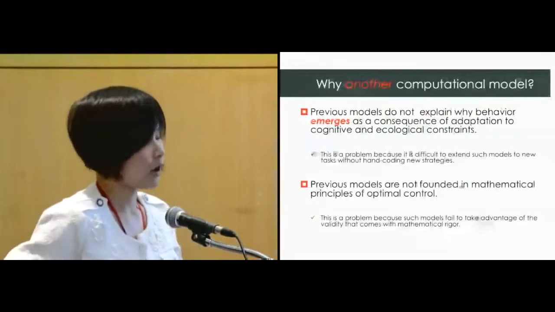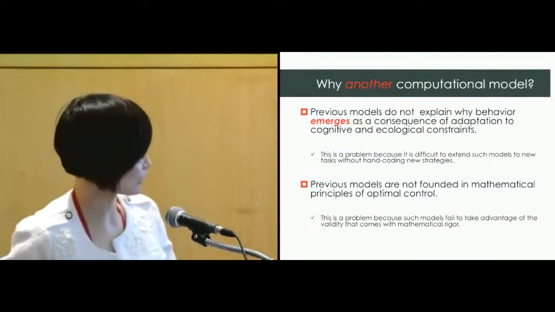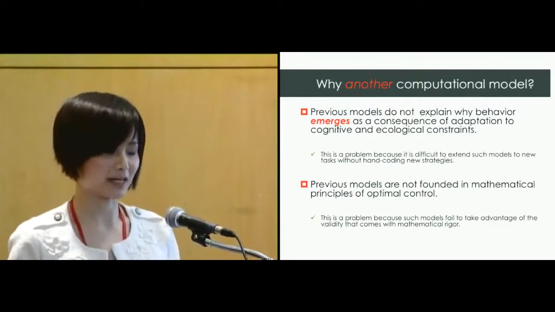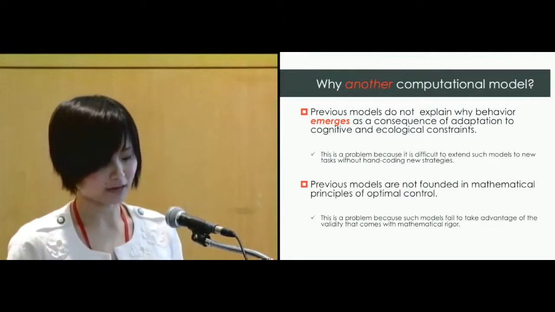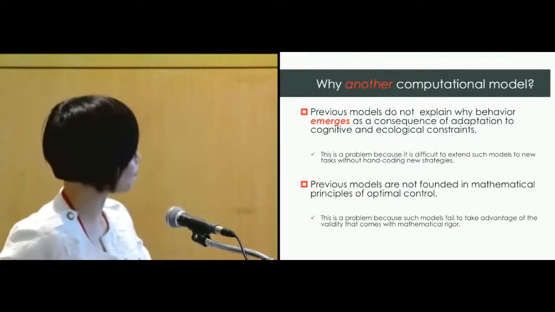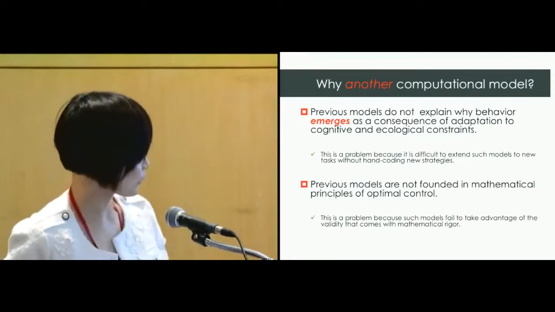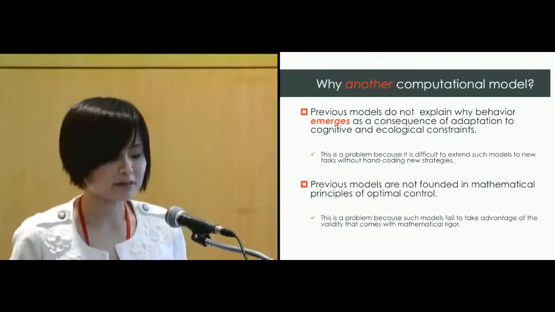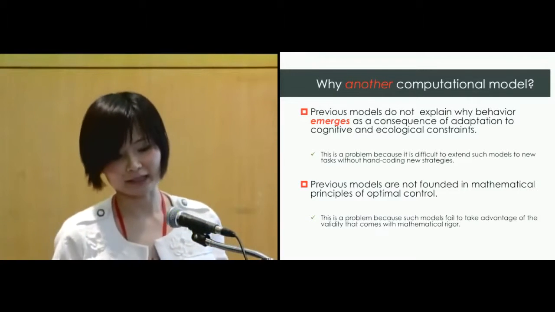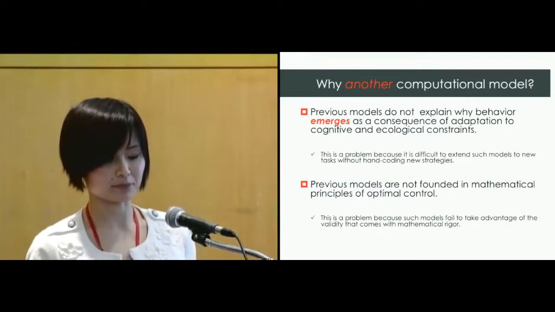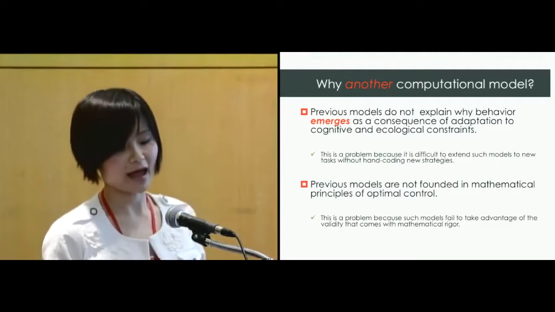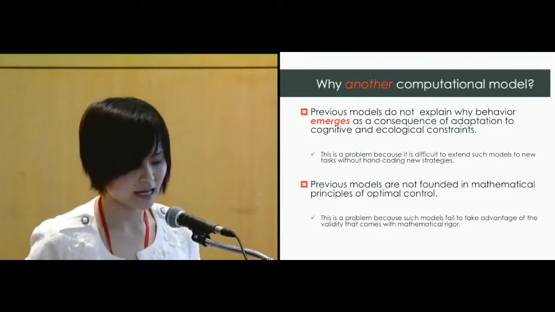Now let's look at why we need another computational model, given that we already have some out there. Here we give 2 reasons. Previous models do not explain why behaviors emerge as a consequence of adaptation to cognitive and ecological constraints.